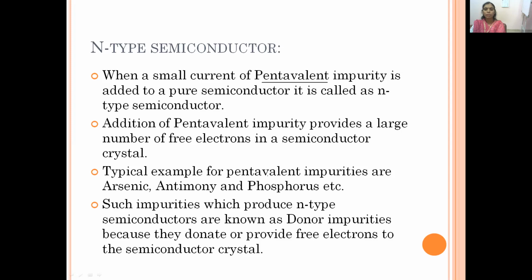Typical examples of pentavalent impurity are arsenic, antimony, phosphorus, etc. Such impurities which produce N-type semiconductor are known as donor impurities because they donate or provide free electrons to the semiconductor crystal.